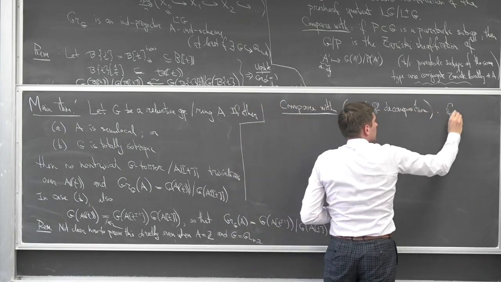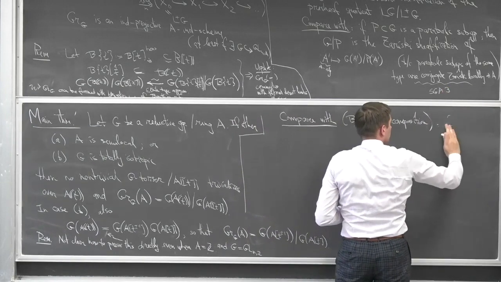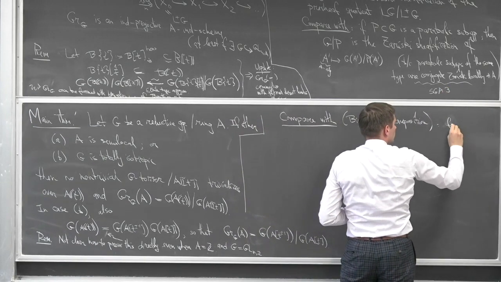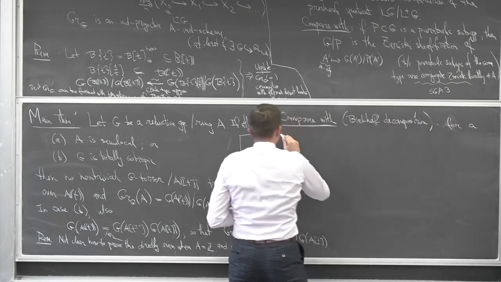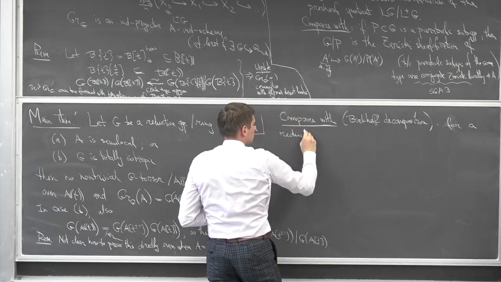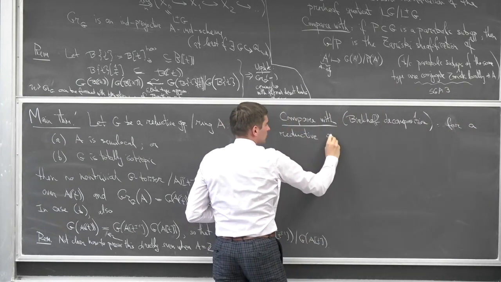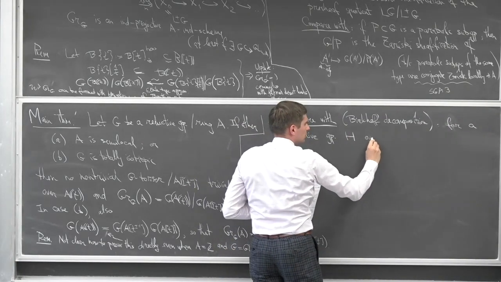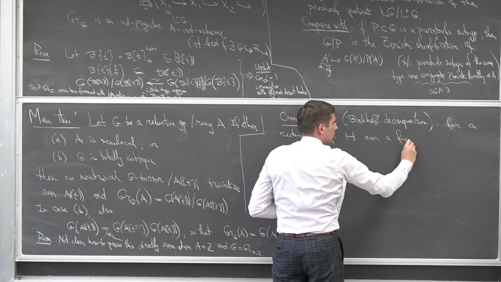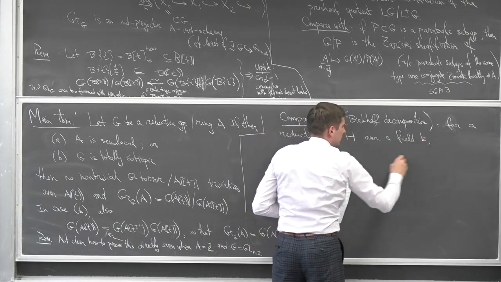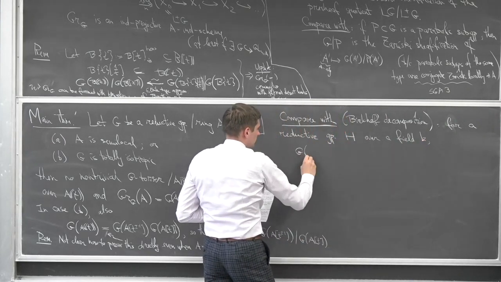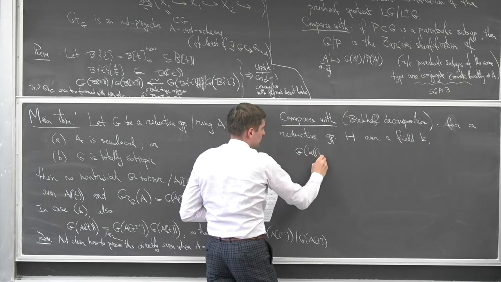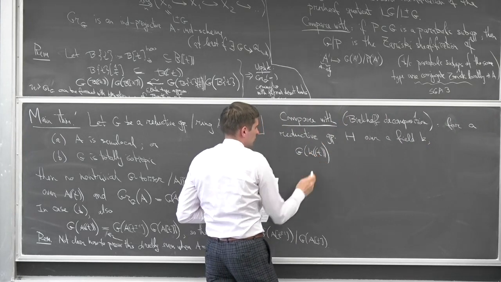So for a reductive group H over a field K, you also have a similar decomposition, in fact, an even finer decomposition.